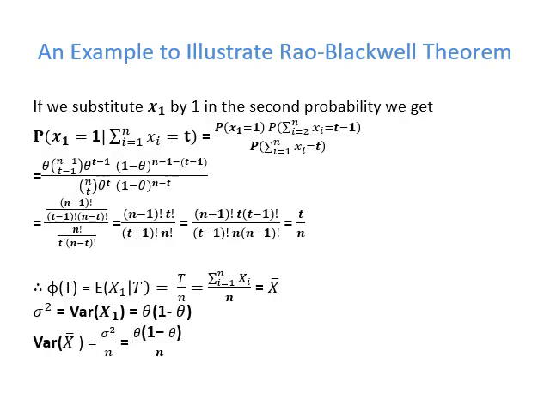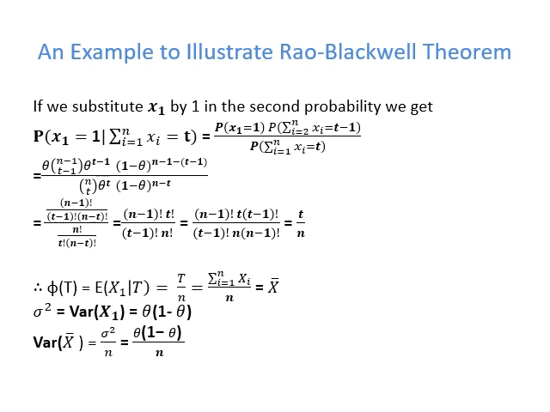Now we note that we are considering the probability that x1 equal 1. So if we replace x1 equal 1 in the numerator, then we have the probability that x1 equal 1 intersection the probability that summation xi from i equal 2 to n plus 1 equal t.